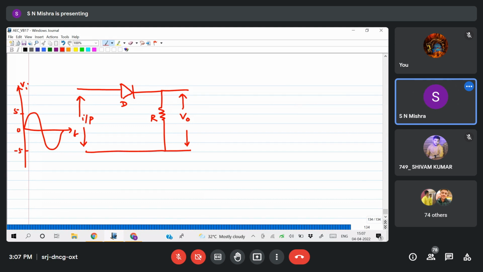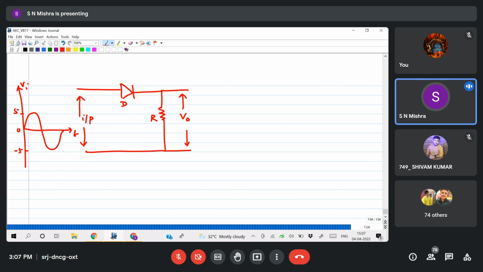Here you can easily identify that when I give the positive half cycle, the diode is on. When you give the negative half cycle, the diode is off. But mathematically also you can try to find out. That is called the open diode test.